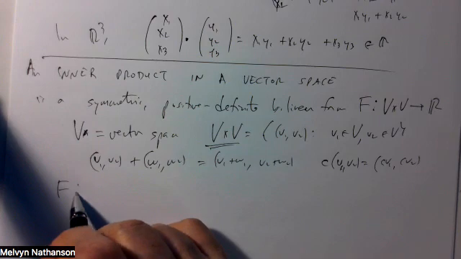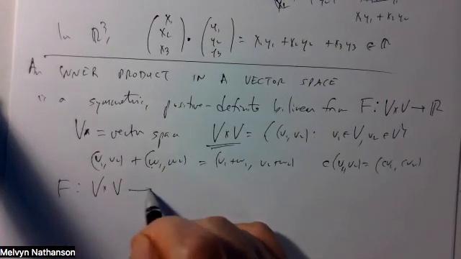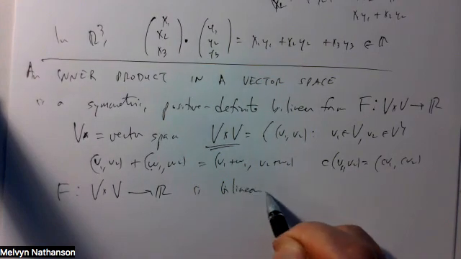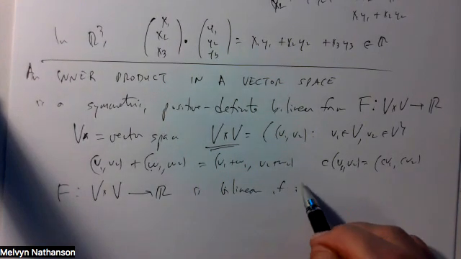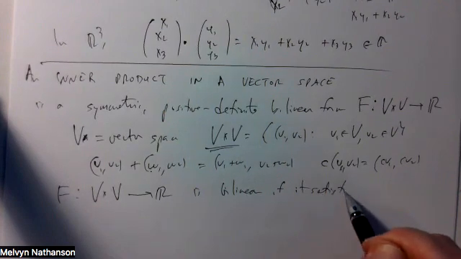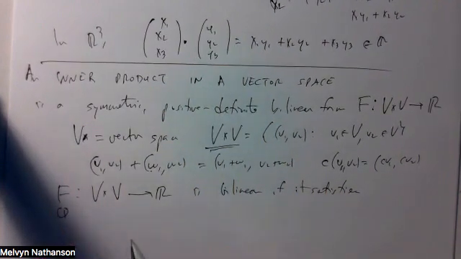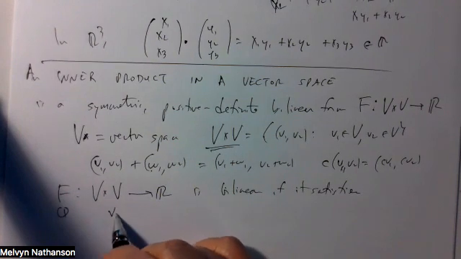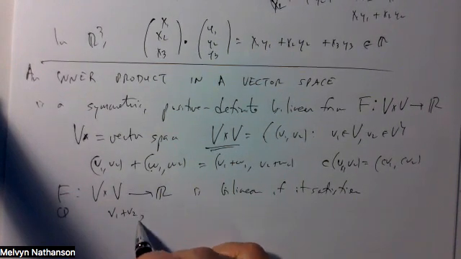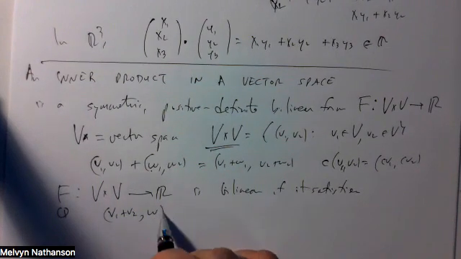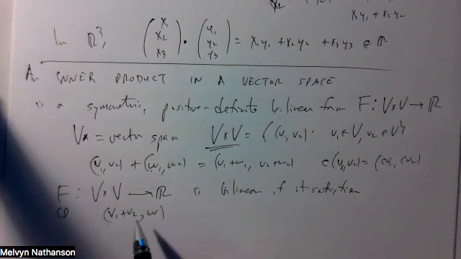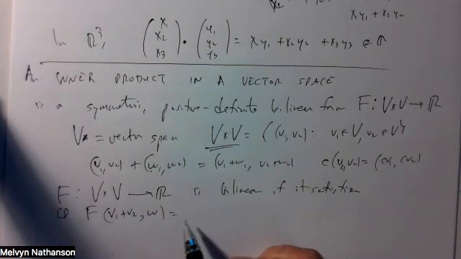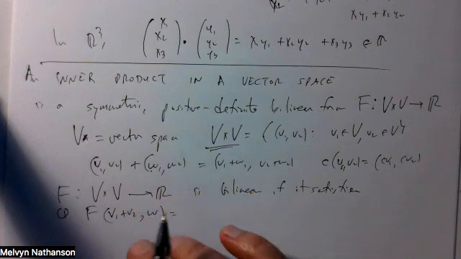Now, a function from V cross V to the reals is bilinear if it has the following properties. First, if I take F of (v1 plus v2, w), where v1, v2, w are all vectors in V, it's as if w were constant.